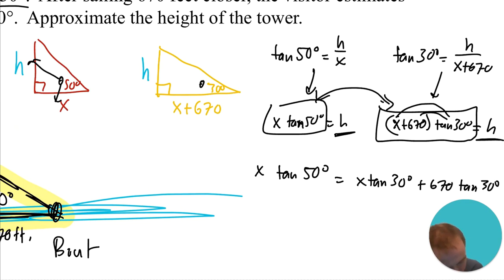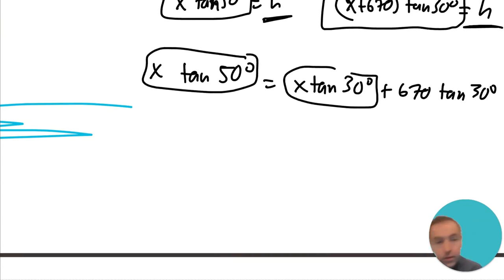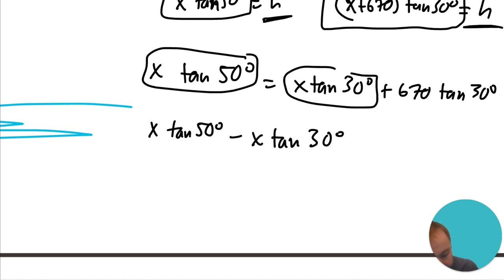And so from this equation, we should be able to figure out what x is going to be. So we will need to get this term and this term to the same side so that we can factor out the common factor of x from them. So x tangent of 50 degrees minus x tangent of 30 degrees would equal 670 tangent of 30 degrees. And you can factor out the x.